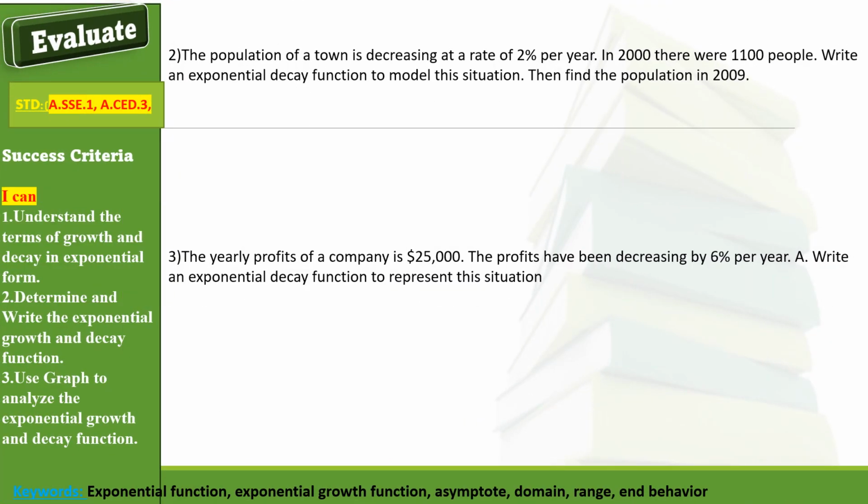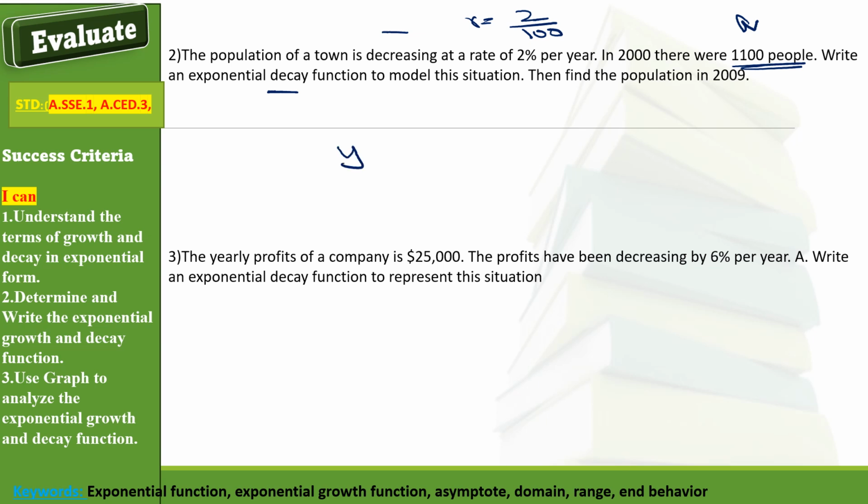The population of the town is decreasing. Decreasing means minus, at a rate of 2%. 2% means r is 2 over 100. In the year 2000, there were 1100 people. It means that the initial value of the population was 1100. Write an exponential decay function.